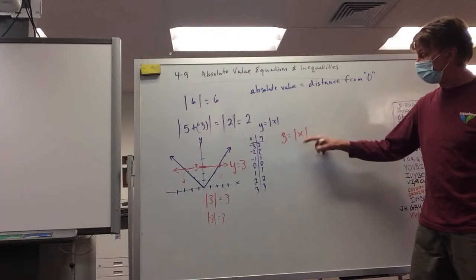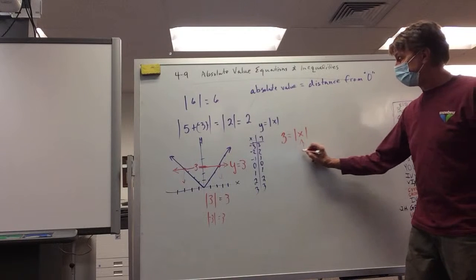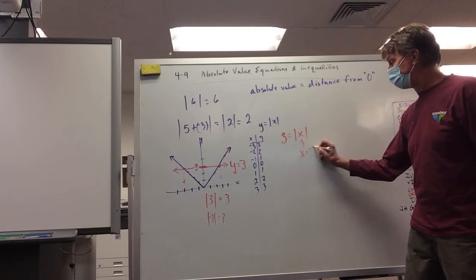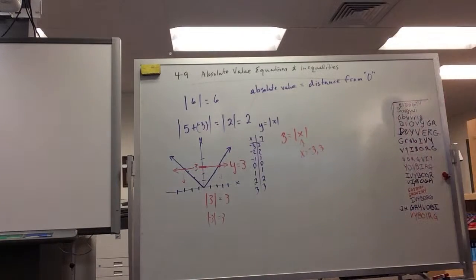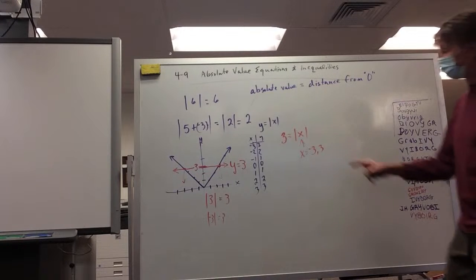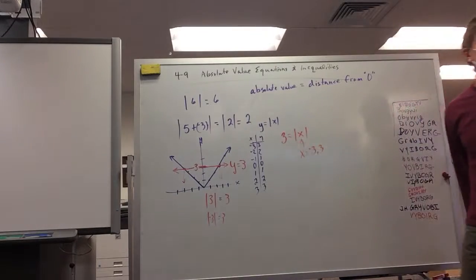What could be inside of here? Negative 3 and 3. So that's how we write our answer: x is equal to negative 3 comma 3. In other words, there's two choices for x. Two inputs give one output. So two different numbers can give us an answer of 3.